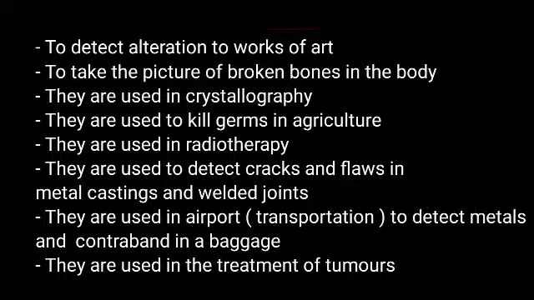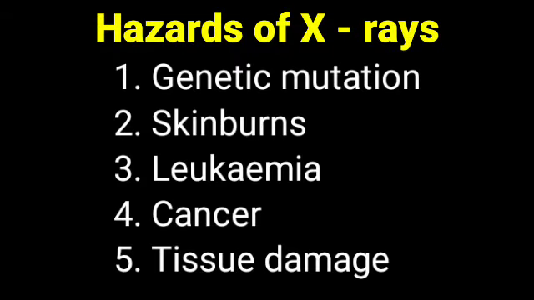Now, I will talk about the hazards of X-rays when you have overexposure to X-rays. What are the different hazards or dangers that somebody can incur when overexposed to X-rays? Number 1, genetic mutations. Overexposure to X-rays can cause genetic mutation.